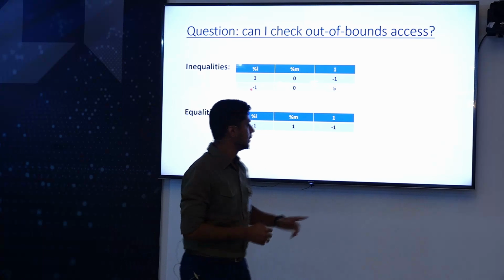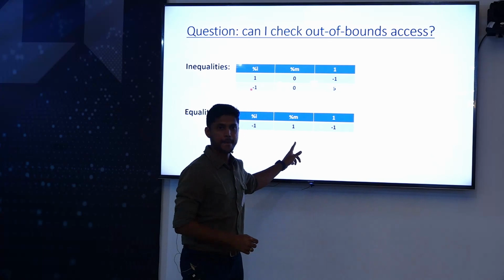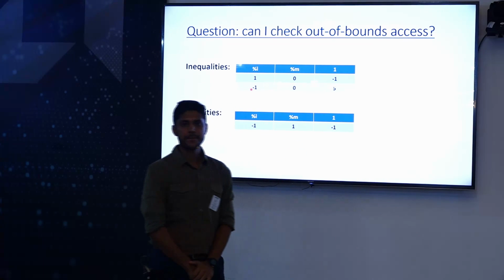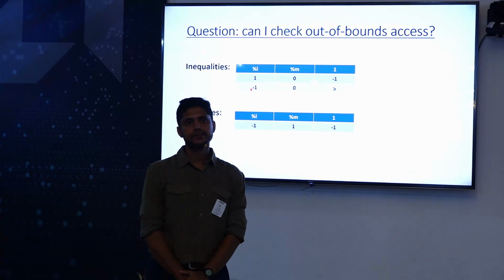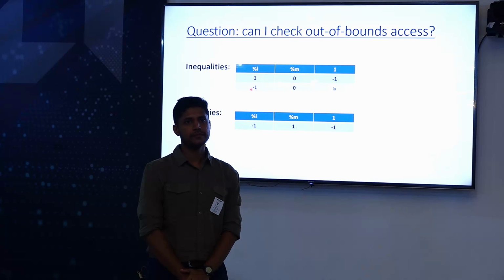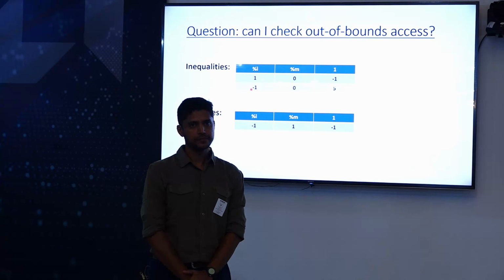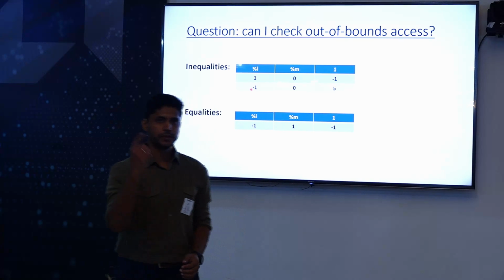You have the inequation for I, so you substitute the relation between I and M there, and then you get two inequations in M. And then you can use that to see, because you have already defined the size of M, whether the access is going out of bounds or not. Good. One way of doing it.